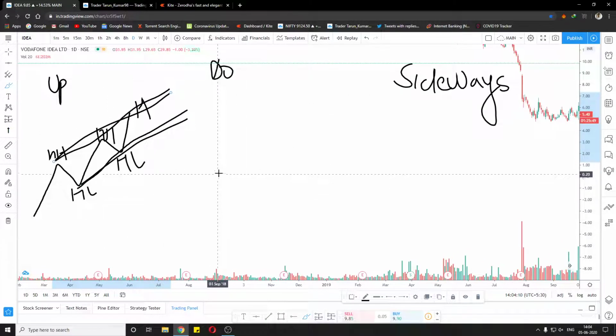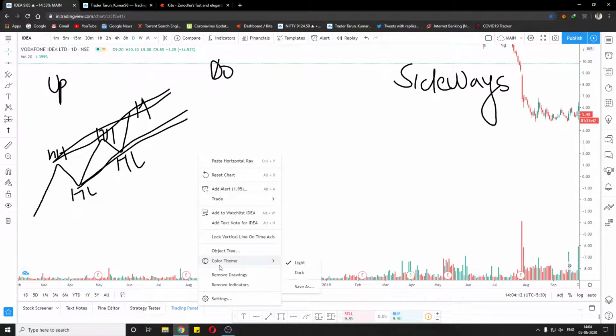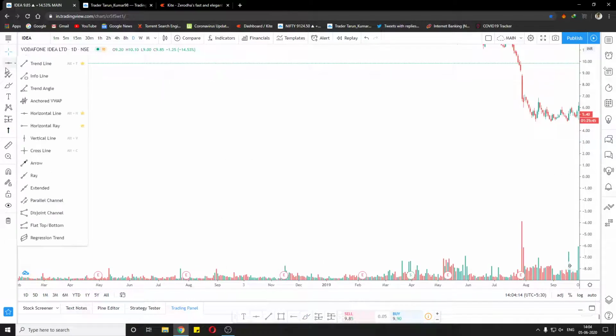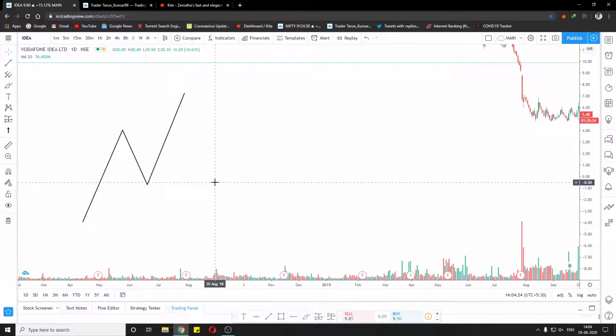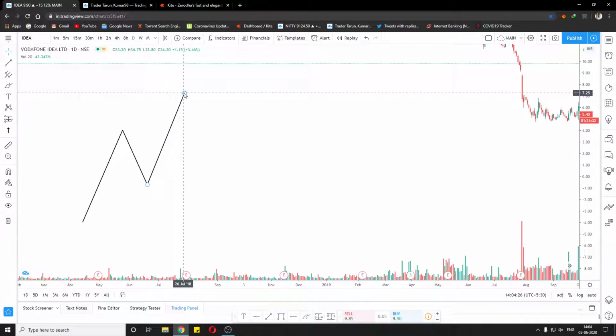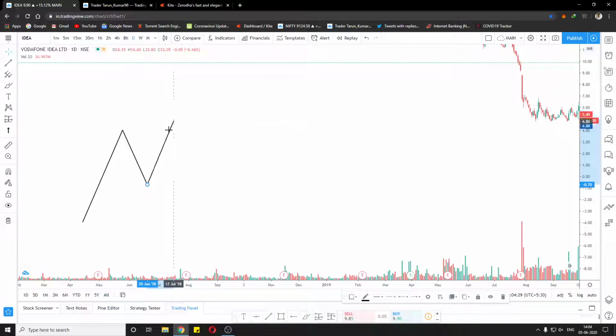It is a very, very easy concept. So we make a high, we make a low, and if the market is able to breach, we are in an uptrend, because if the market is not able to breach this, then we have our support.